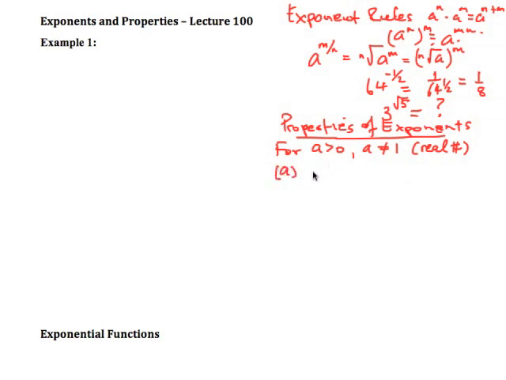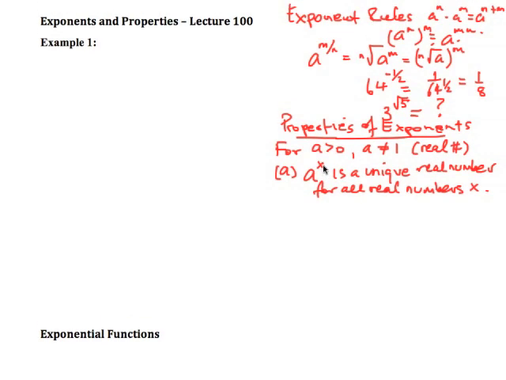A to the power of x, notice that x is varying now, is a unique, that means there's only one of them, unique real number for all real numbers x.